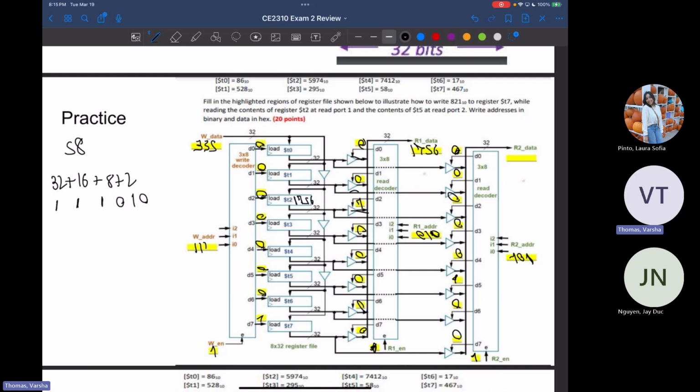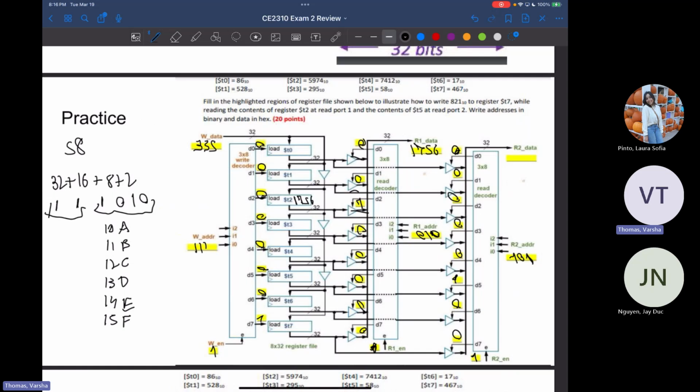Now we convert that into hexadecimal, so we'll split it in groups of 4, and this is 2 plus 8, so 10, and keep in mind that 10 is A in hexadecimal. 10 is A. I'm just going to put the list real quick. 11 is B, 12 is C, 13 is D, 14 is E, 15 is F. Just keep that in mind, because if you write 10 instead of A, you will lose points.